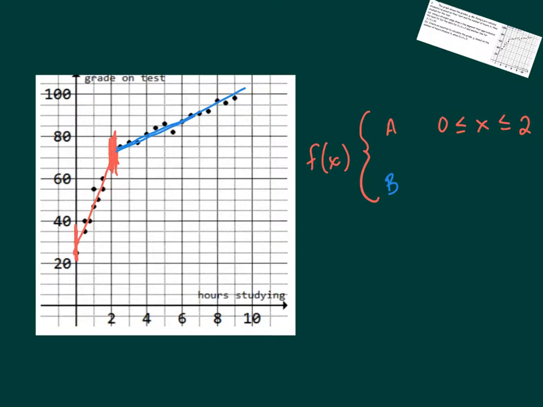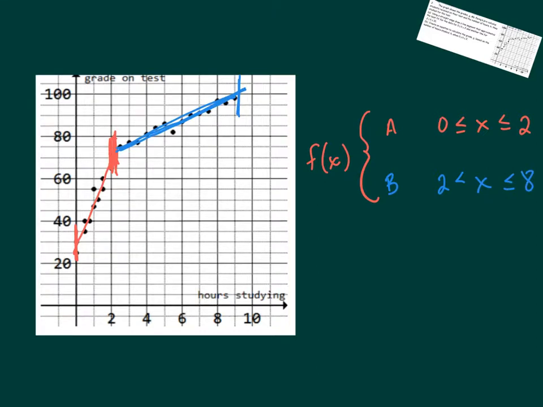From here on out, I'm looking for x going from 2 to 8, because I'm not going above 8 on this particular one. This is not going out to infinity. This would be for 2 being less than x being less than or equal to 8.